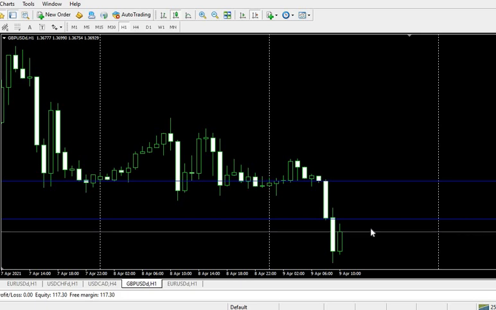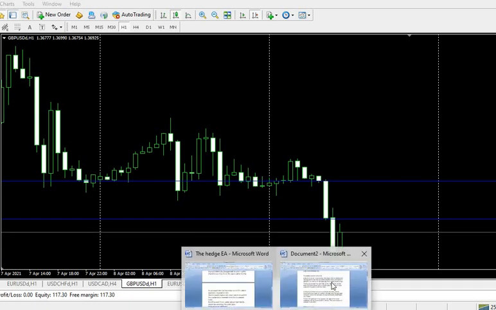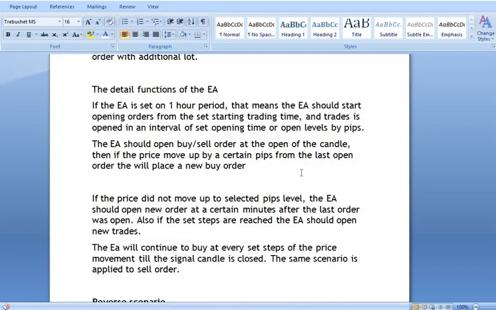So please check if you understand, and if there's anything you need me to clarify, I'm going to make that possible. Let me also check other lines here and see the ones I still need to talk about. The EA should open buy and sell orders at the open of the candle. Then if the price moves up, I think I've explained this from the beginning.